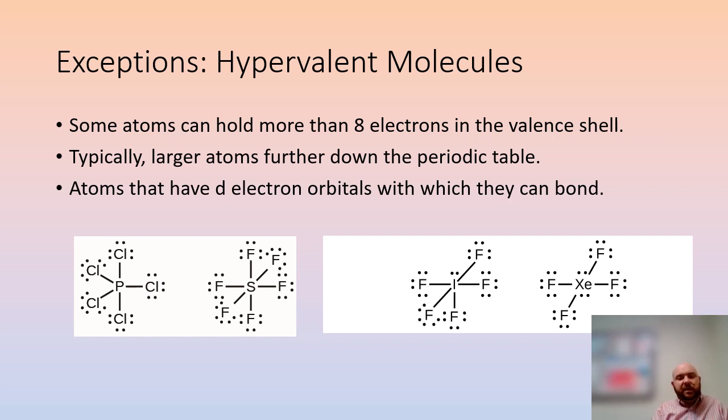They have d electron orbitals that they can sometimes bring electrons into, and so sometimes they can go above the 8 count of valence electrons. This will usually only happen when you have to attach more than 4 atoms to that central atom. So be on the lookout for hypervalent molecules in those cases.